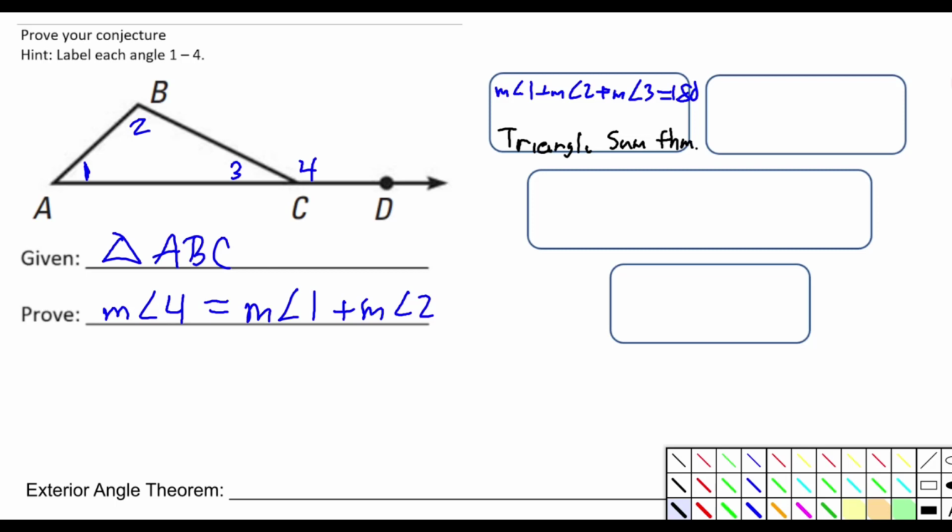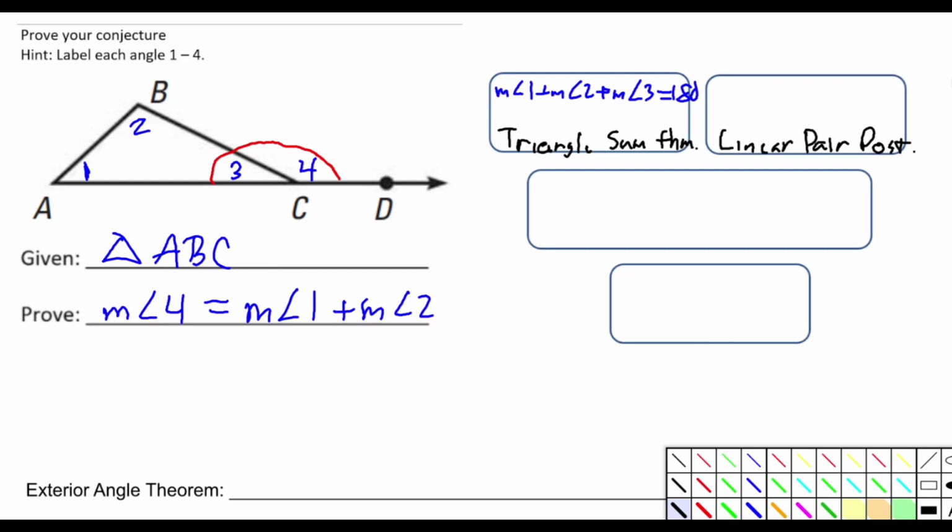All right, also, what else do we know? Well, we should remember from a long time ago, these angles 3 and 4 are called a linear pair. So I'm going to say for this one, the linear pair postulate. And if you just told me the definition of linear pairs or something like that, I'd be cool with that too.